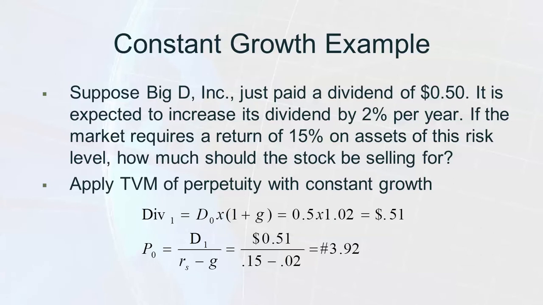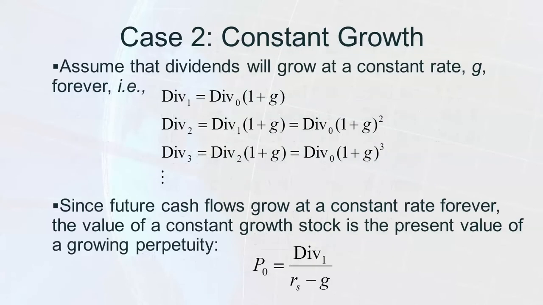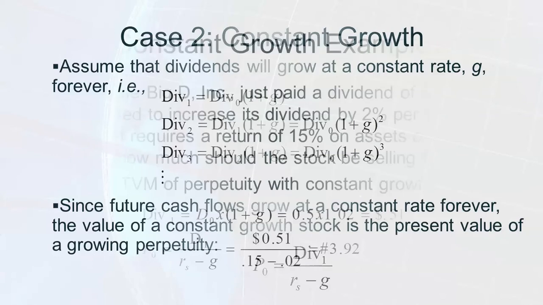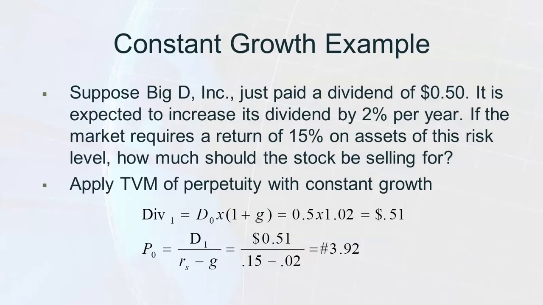If you go to your first model, the price was $3.33. So if the dividend is growing by 2%, you can see that the price is a lot different. It's $3.92 now. So this is the constant growth model.